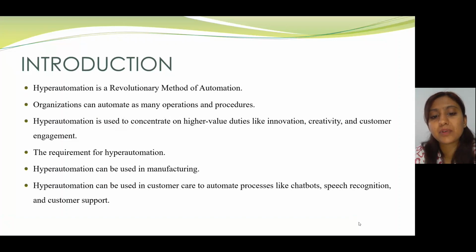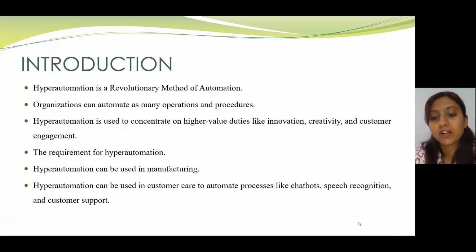So you can say that hyperautomation is a revolutionary method of automation that automates complicated business process workflows and decision making using cutting-edge technologies including AI, ML, RPA, NLP, and many more.